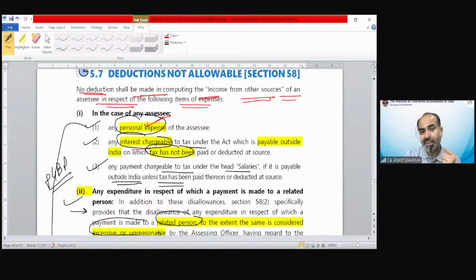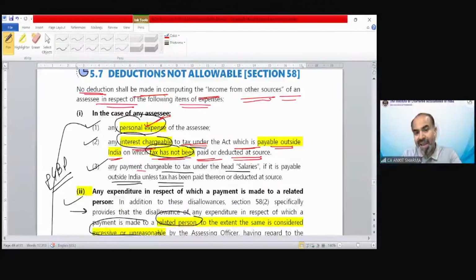If interest is chargeable to tax and is payable outside India, on which tax has not been paid or deducted at source, you cannot claim that interest as an expenditure if it has been paid outside India and TDS has not been deducted. The same provision was in PGBP also.